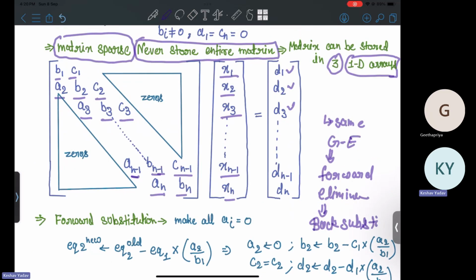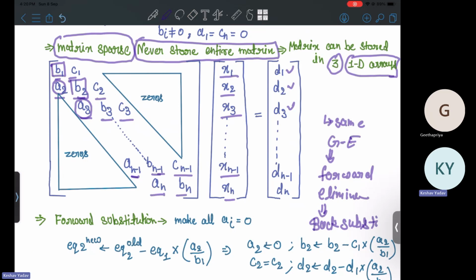When we do the forward elimination, we try to make the terms below the pivot zero, where the diagonal element is my pivot. Suppose B2 is the pivot, then I try to make all the terms below B2 zero. This is what we try to do in forward elimination.